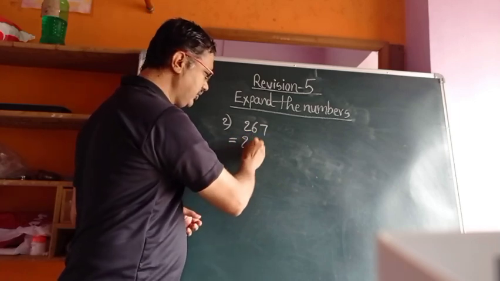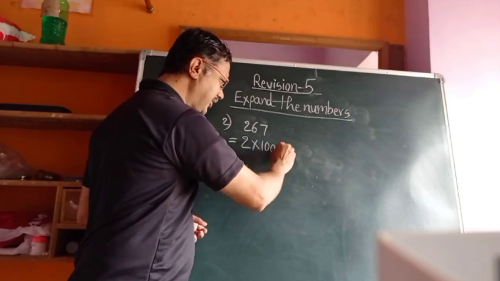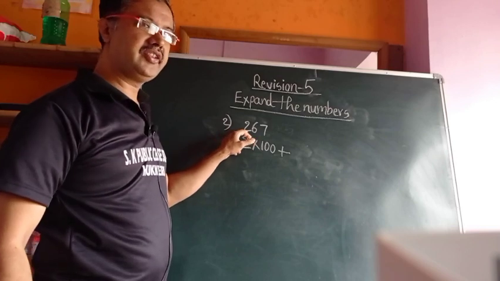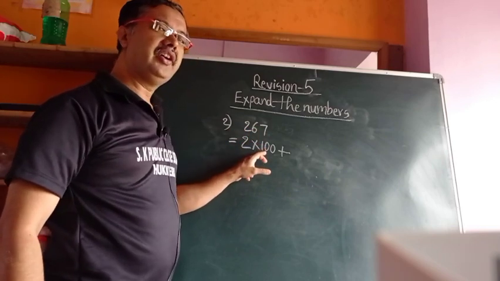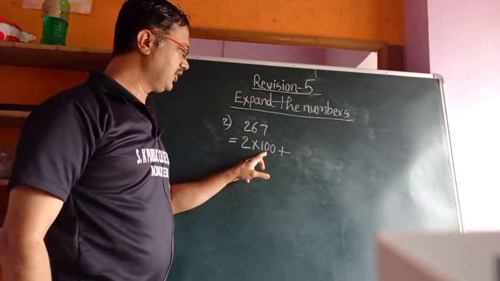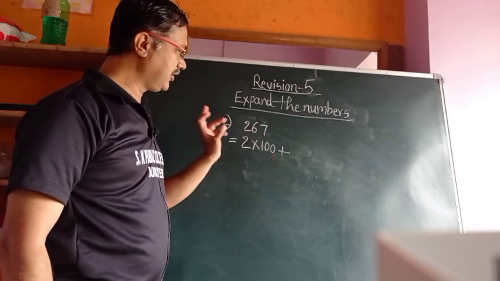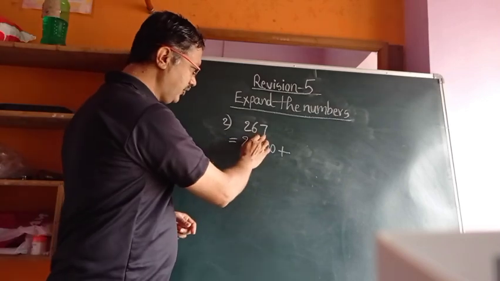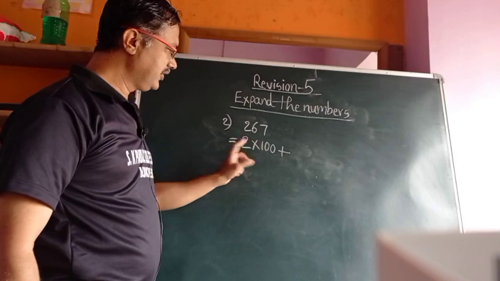First write these as usual and start writing from 100. First you have to see whether it is a 2-digit or 3-digit number. When 3 digits are there, you have to write 100. If 2 digits are there, then write 10, according to the place value chart. See here, 1 2 3, so 100.